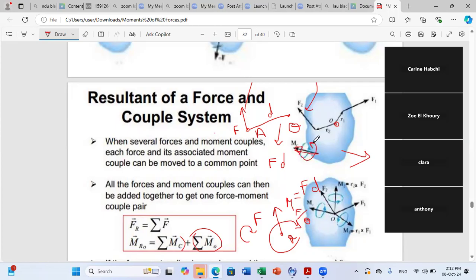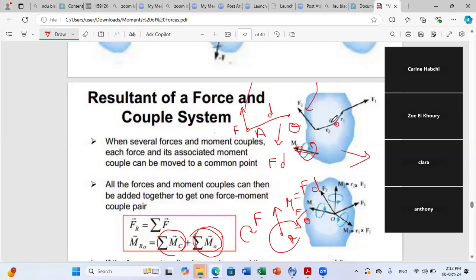We have seen together that a couple moment is independent of the point; it is a free vector. So whenever you have a couple of forces, they will produce the same moment about any point in space. So when you do the sum of moments about O, you take the couple moment as it is. So this is the summation of couple moments acting on the body, and this is the summation of moments of forces about the point that you want to reduce at, which is O.